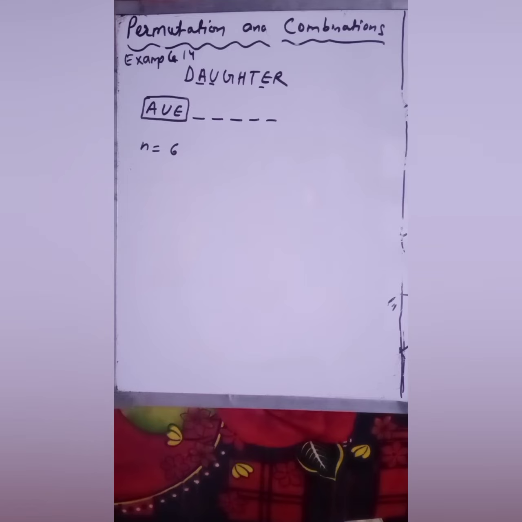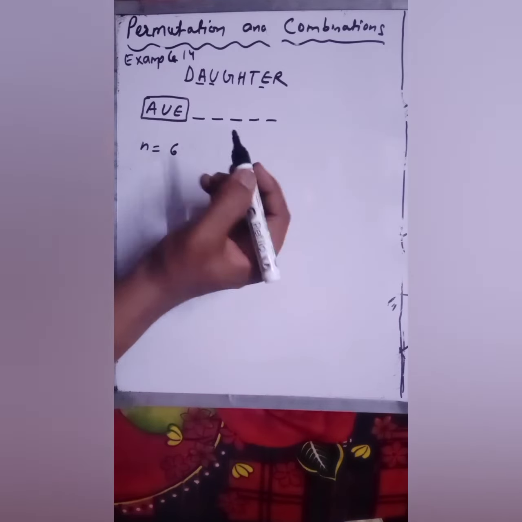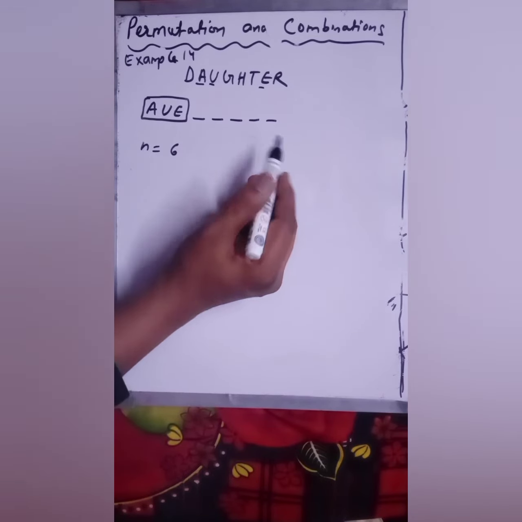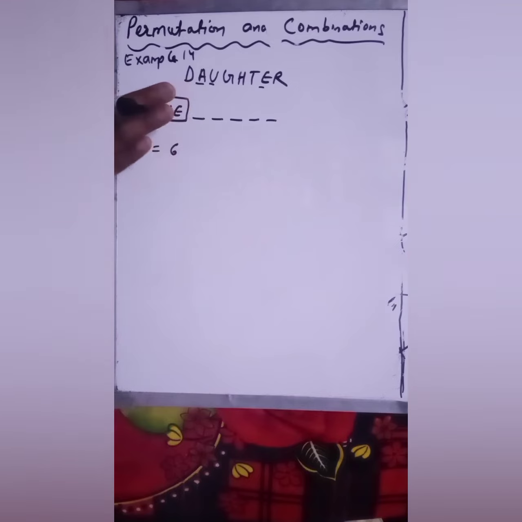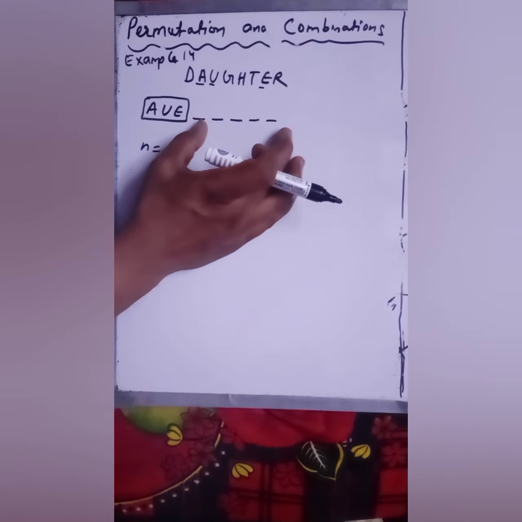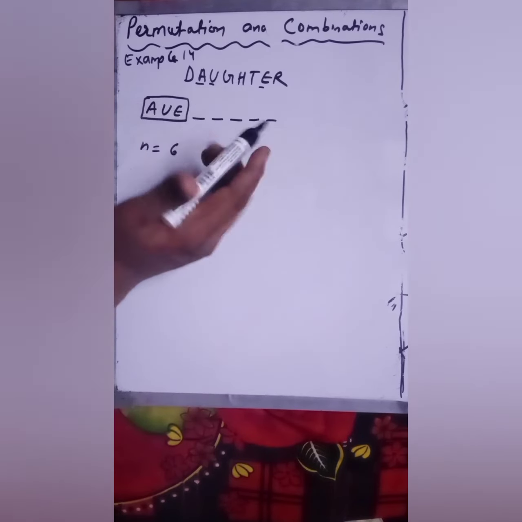Fine. If your n is 6 and you have a choice of arrangement, that must be 6. So AUE, I'm considering this as the only one set. One is this, and the rest of the 5 elements you can fill here. So the total is 6.